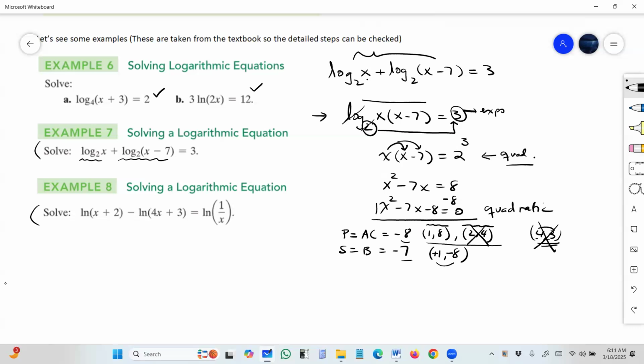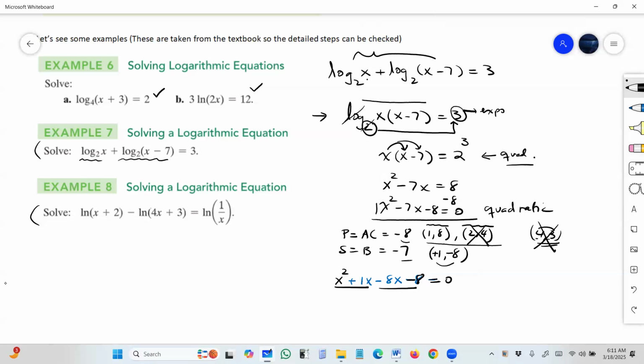So perfect. I'm going to rewrite the middle term using these two numbers, +1x -8x -8 equals 0.